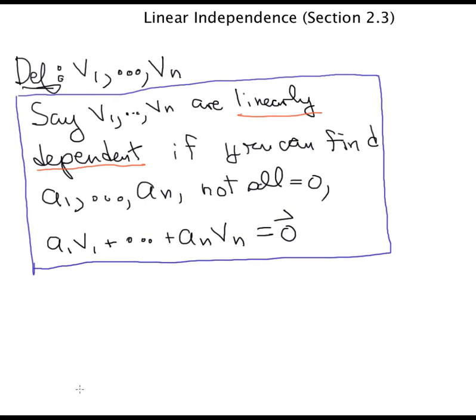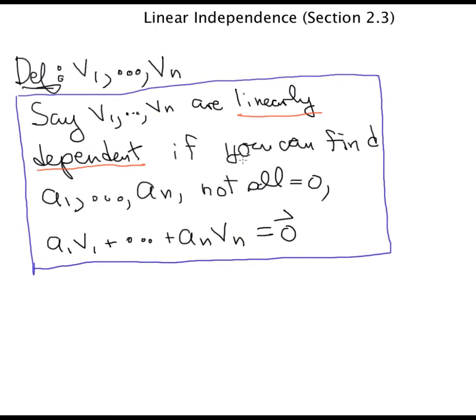And how do you tell? Well, the question is, is there some that you can find like this? You try and find numbers a1 through an, which makes the sum of the vectors equal to 0. Well, you could always take the a1 through an to be 0, so that's kind of boring.